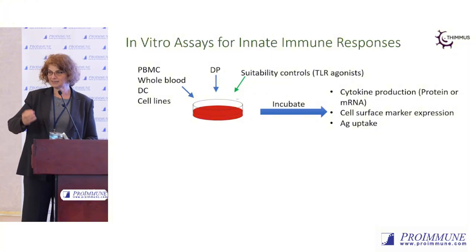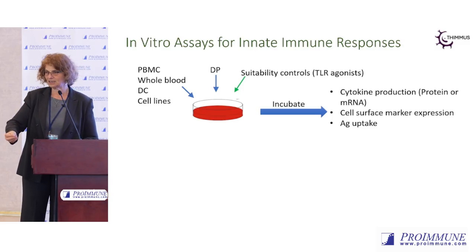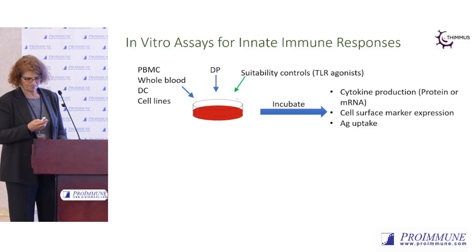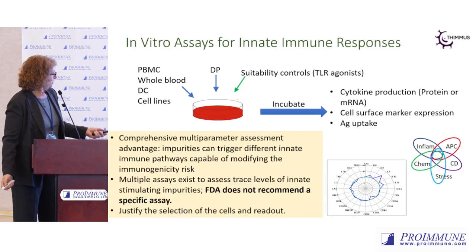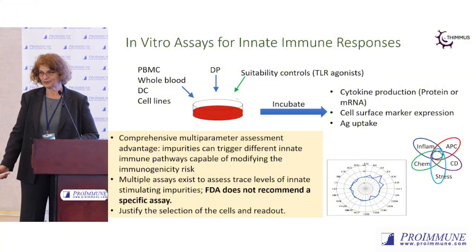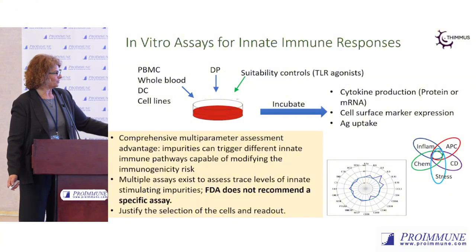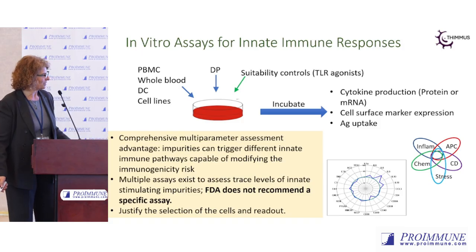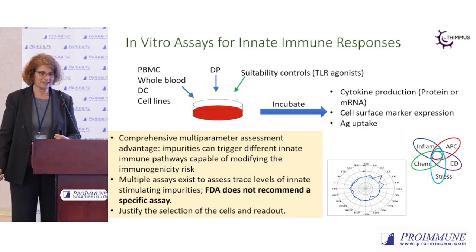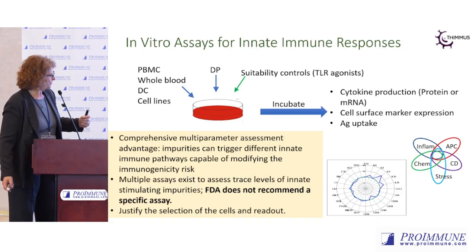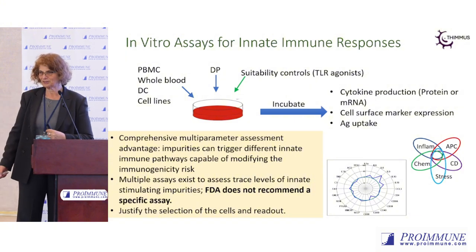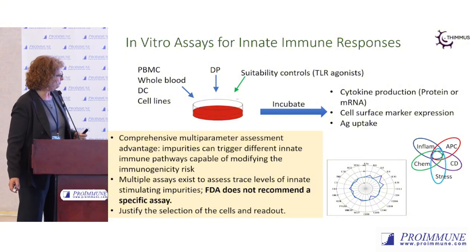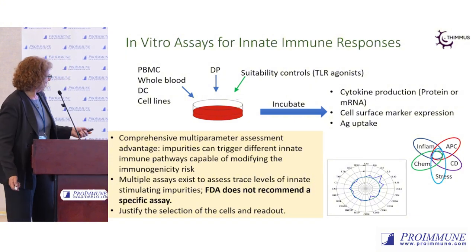What you're looking at is, are these antigen-presenting cells getting activated? In our group, we liked looking at multiple parameters: inflammation, APC activation, chemokines, stress, CD markers. The reason why we like that is that we think that multiple parameters are better than one parameter. And I'll get into that in a minute.